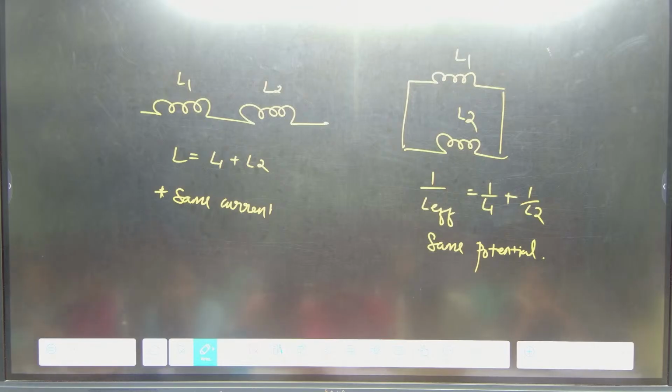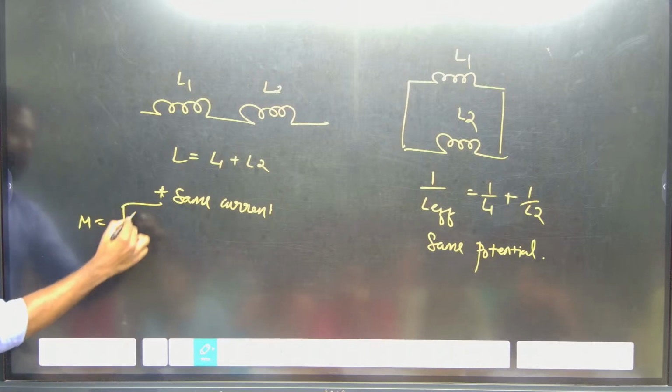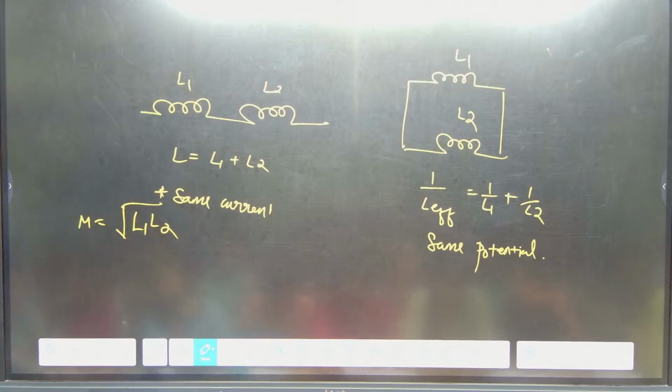So obviously the flux also will keep on changing with respect to the other one. So I can write the relation here, M is equals to root over L1 L2. This is my relation.